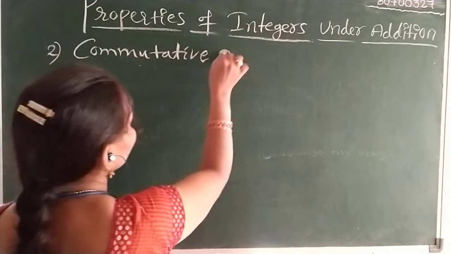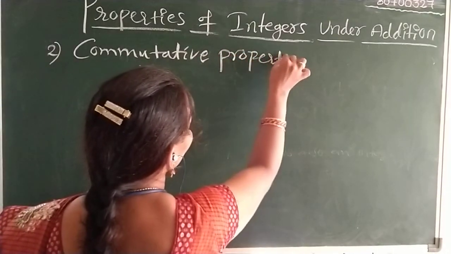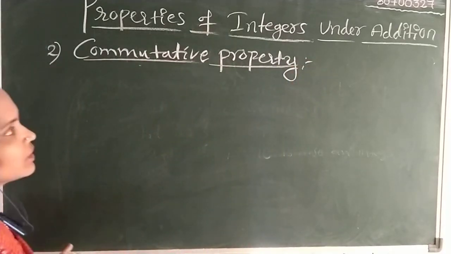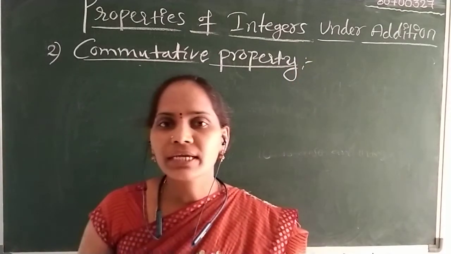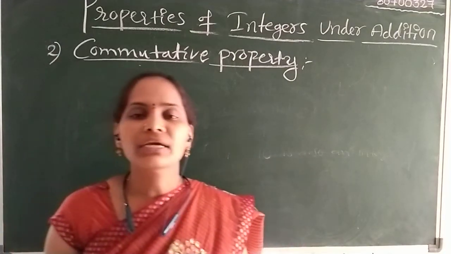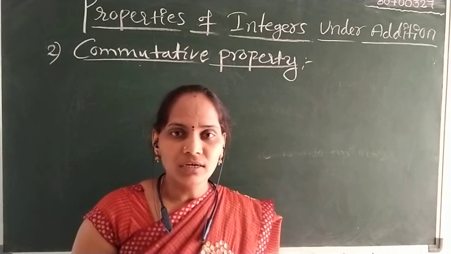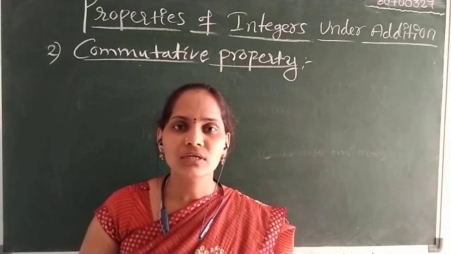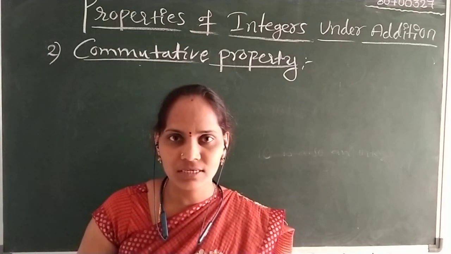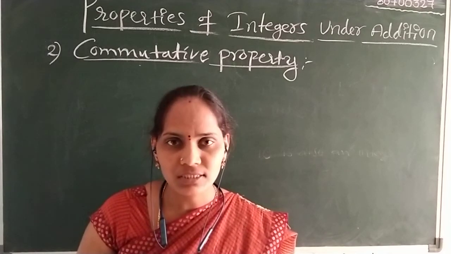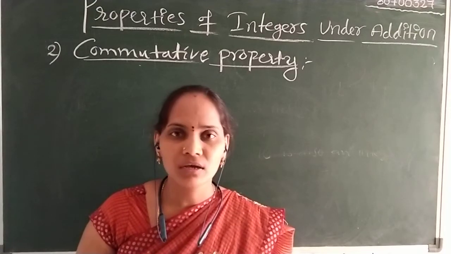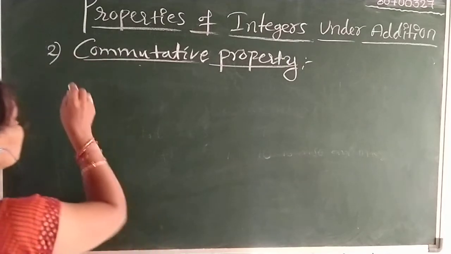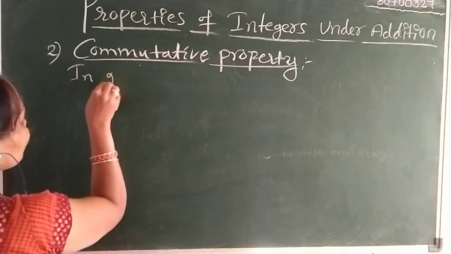Commutative property. In this statement, in general, if you take any two integers and change the order of the integers, the sum remains the same. The result remains the same; it will not change the answer.